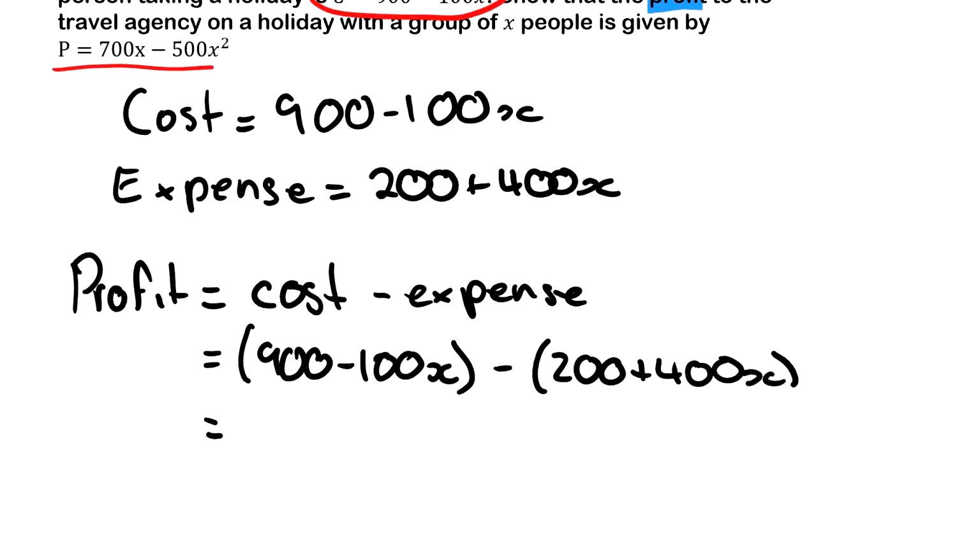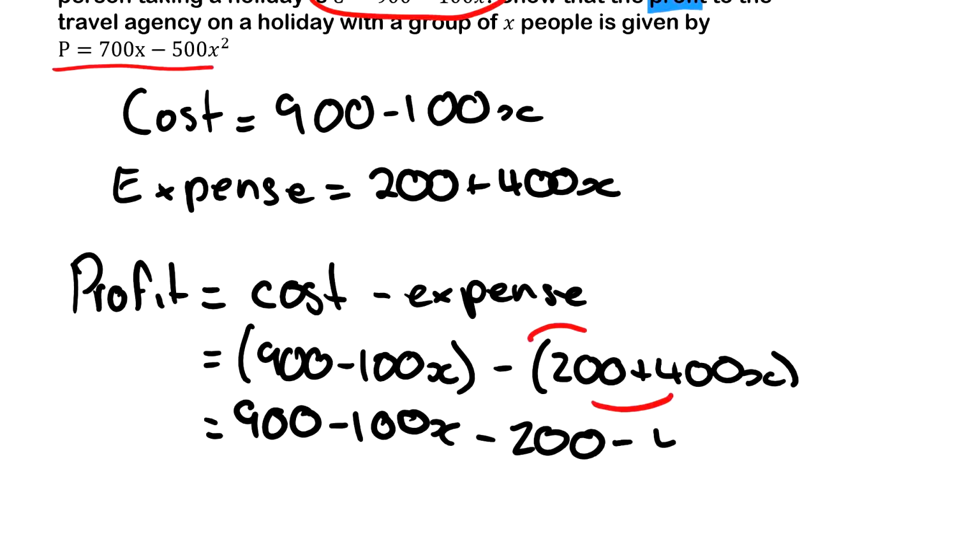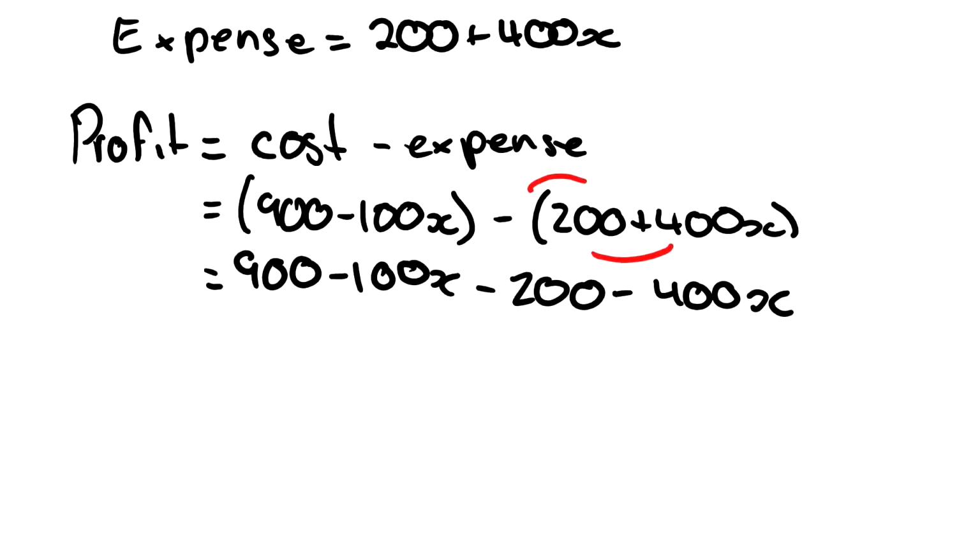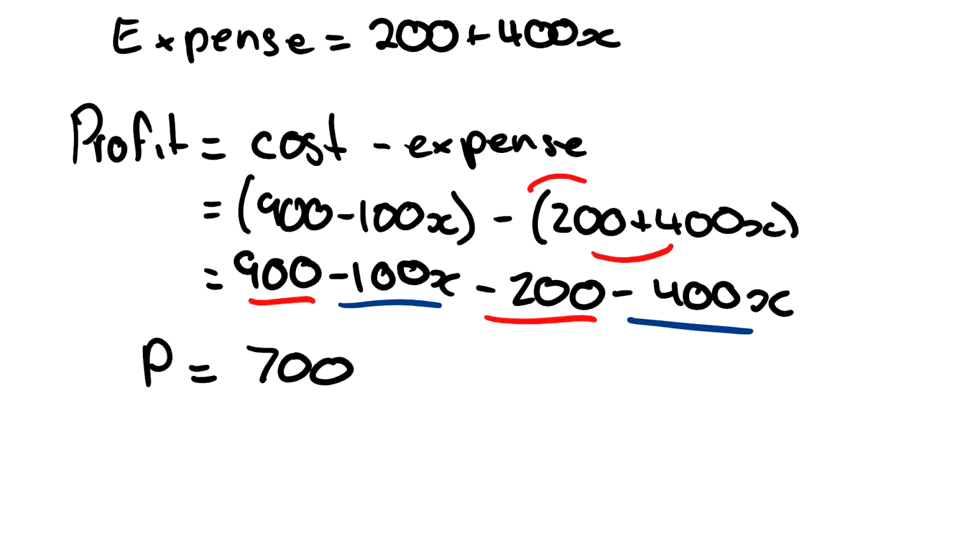The front bracket stays the same, it doesn't change, but everything inside the second bracket changes signs. If it was positive, it's now negative, and if it was negative, it's now positive. At this stage, we can collect our like terms, so I'll underline it, and then we get P is going to equal 900 take away 200, so 700, and then we have minus 100x take away 400x, so minus 500x.